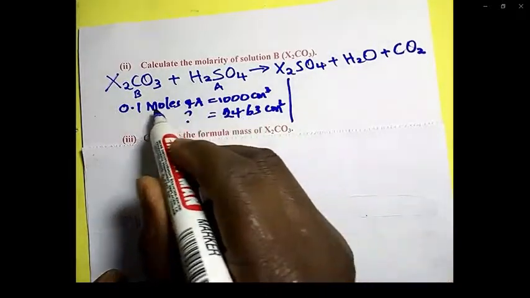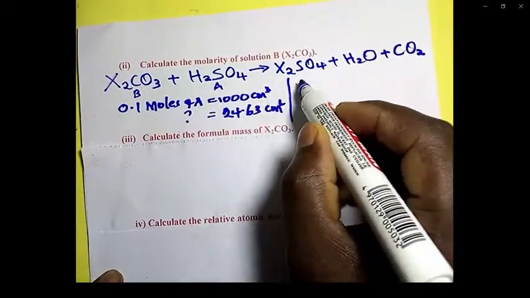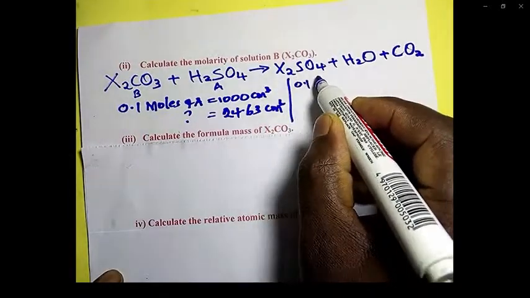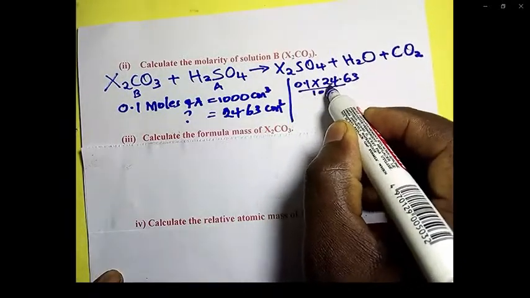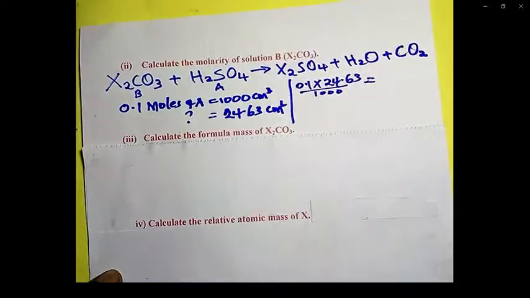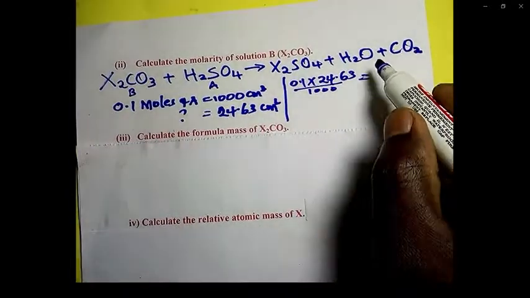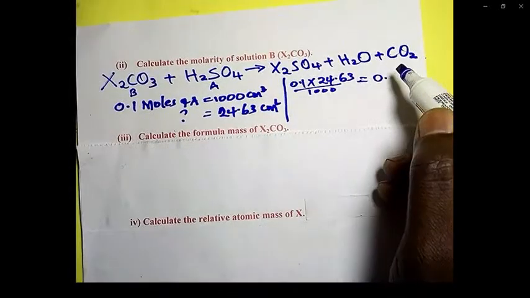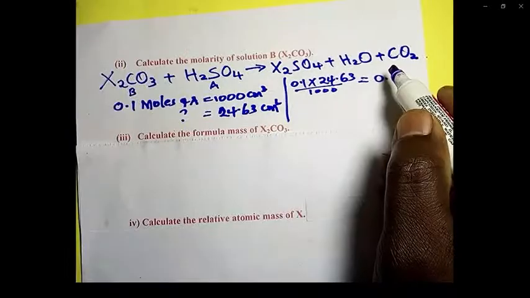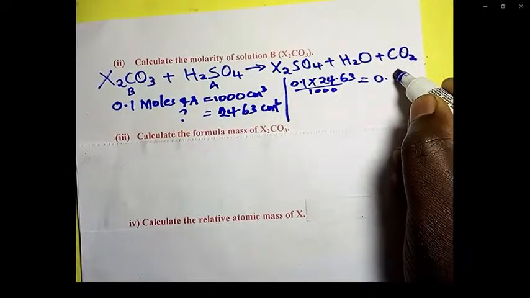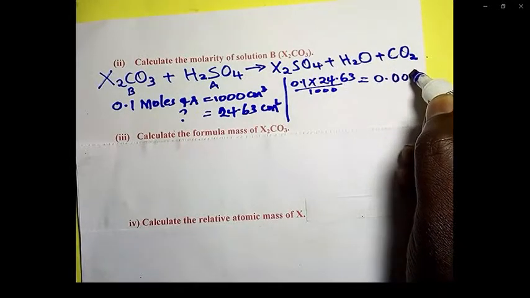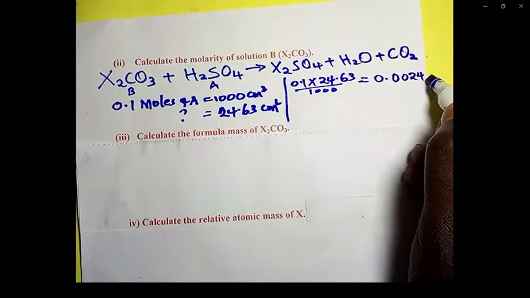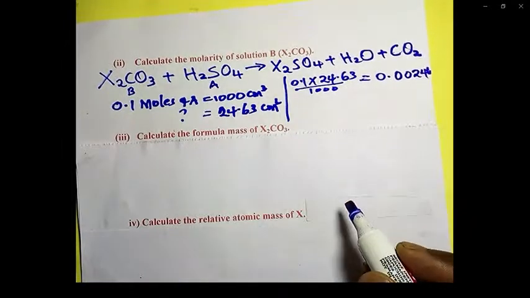It is this times this, which will give us 0.1 times 24.63 divided by 1000, and the answer is 0.00246.